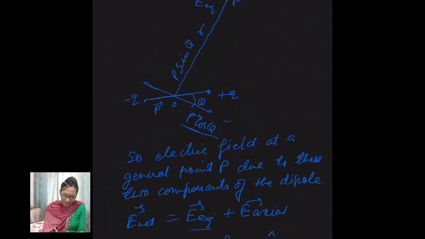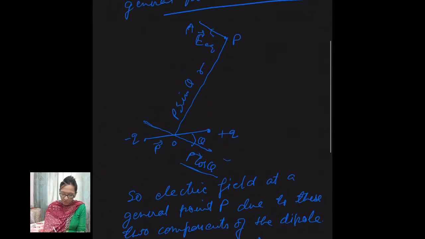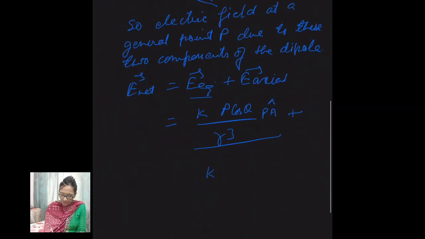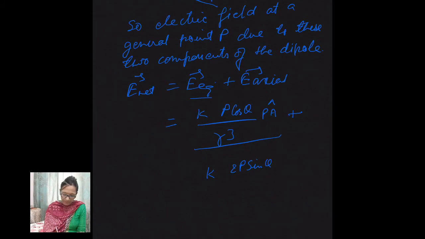Therefore, the magnitude of E net is equal to the square root of E axial squared plus E equatorial squared.